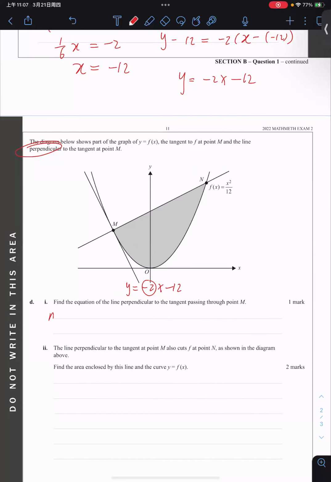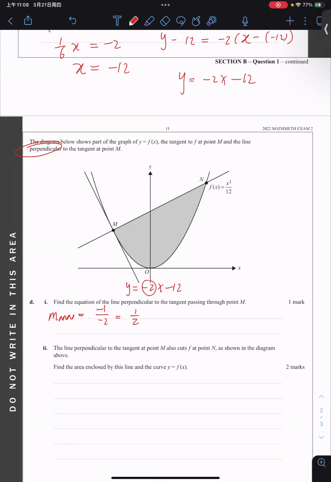Then your gradient n should be -1 divided by -2, which is +1/2. All right, +1/2, and you already know the gradient. And then do you have one extra point? We do not know N's coordinates. We do not know the y-intercept, but the straight line passes through M, perpendicular to the tangent line, right?